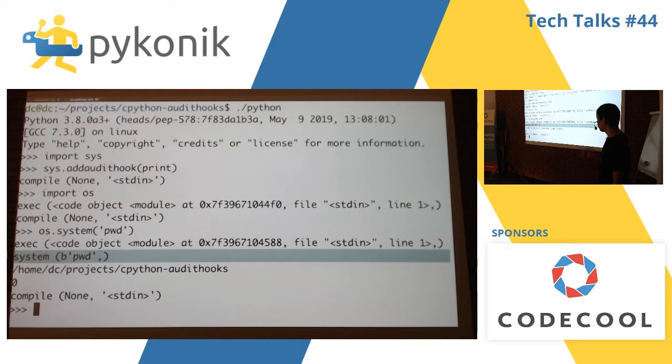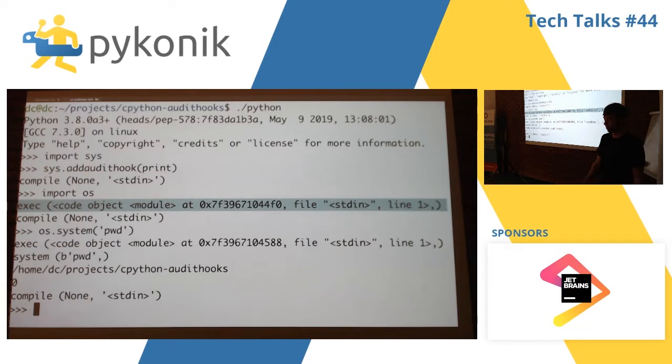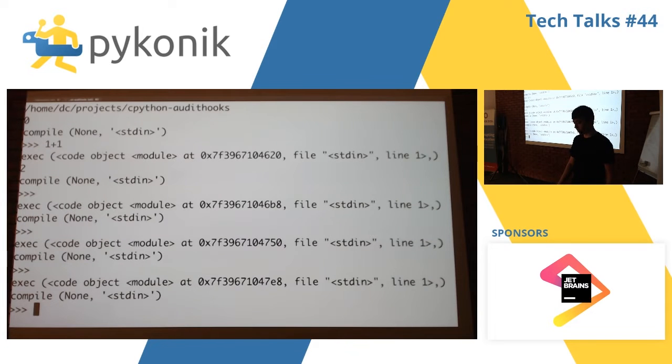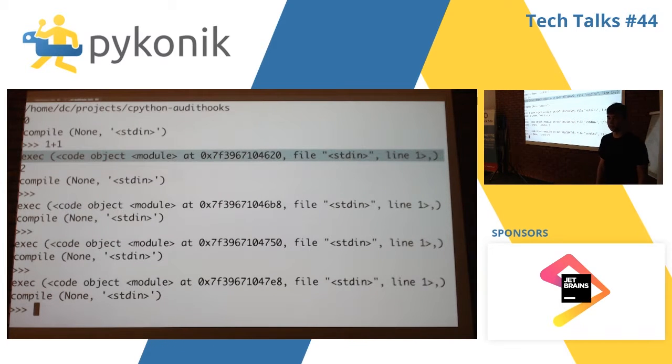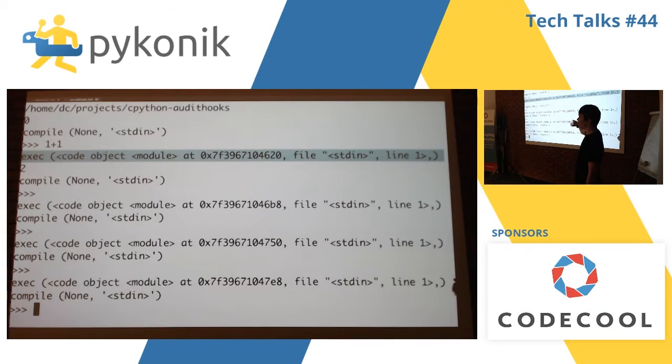Okay, one more question here. Why do we see the execs here? Any idea? Like if I try 1 + 1, we'll also see exec here. Yeah, because it's a Python interpreter, so whatever you type in is a string that's being passed to a program that's run there, which is probably a Python script.